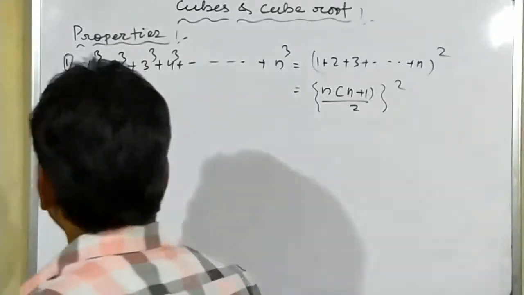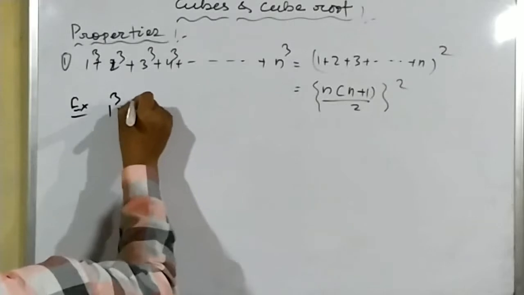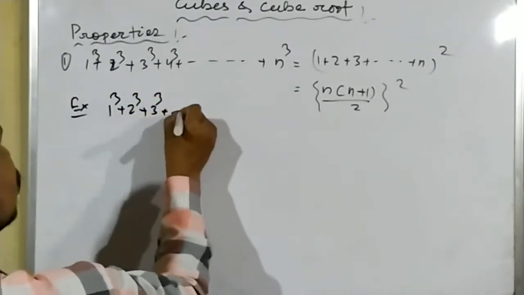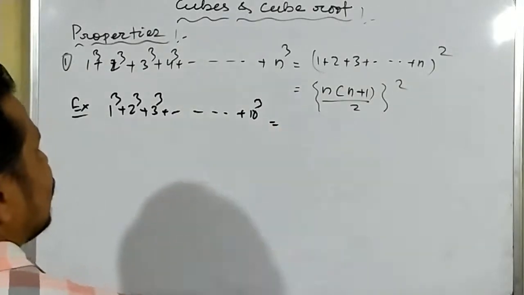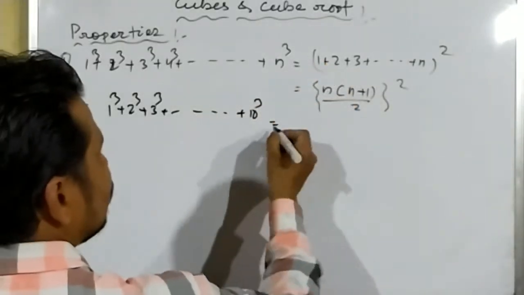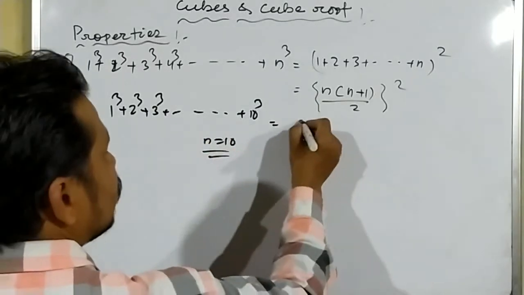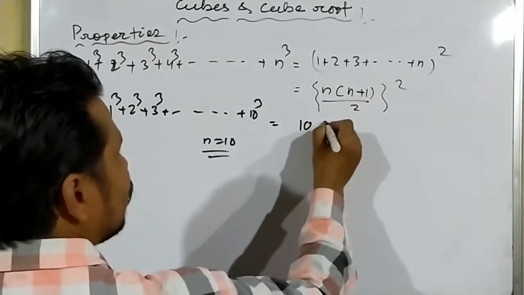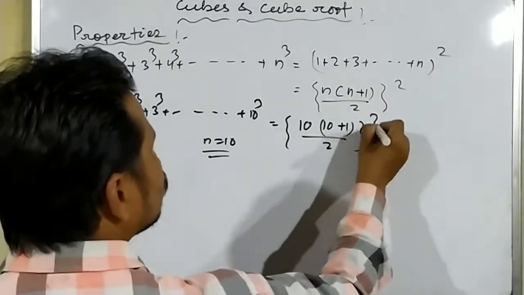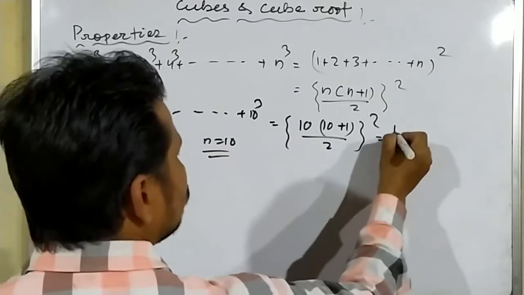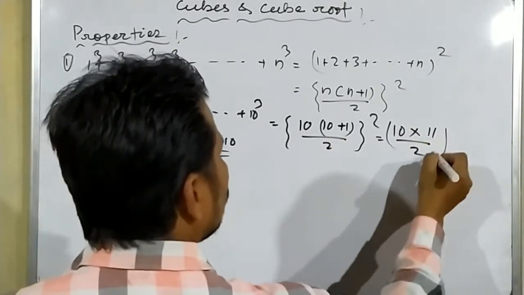So let us find out 1 cube plus 2 cube plus 3 cube plus dot dot dot up to 10 cube. What will be the result? Put the formula. Here n is equal to how much? 10. So the result is equal to (10 into (10 plus 1) by 2) whole square, which is (10 into 11 by 2) whole square.